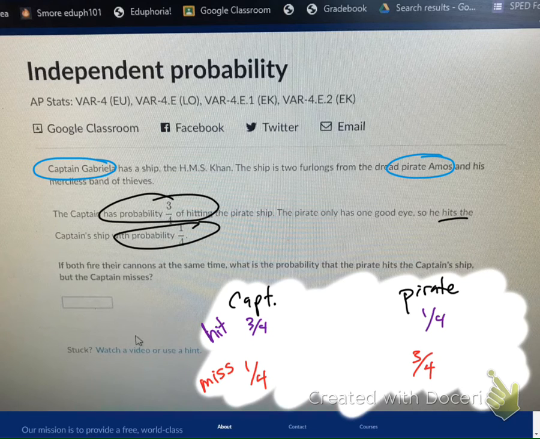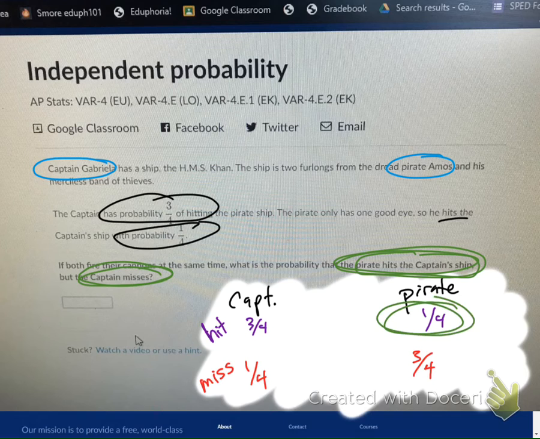So now let's look at our question. Our question asks, if both fire their cannons at the same time, what is the probability that the pirate hits the captain's ship, but the captain's ship misses? Okay, so the pirate needs to hit, so that's 1 out of 4. The captain misses, that's also 1 out of 4.